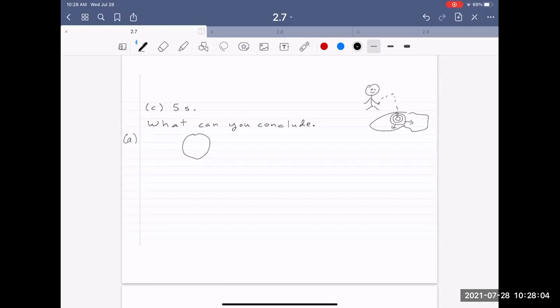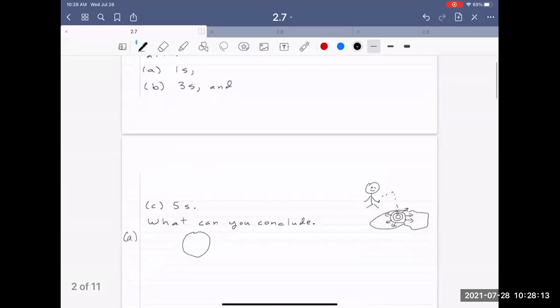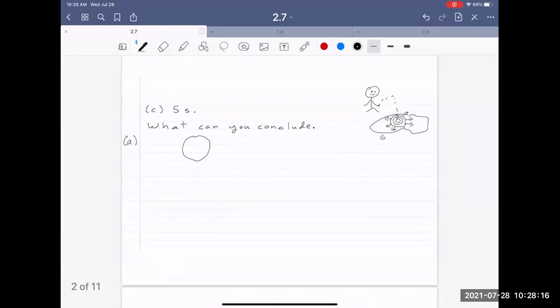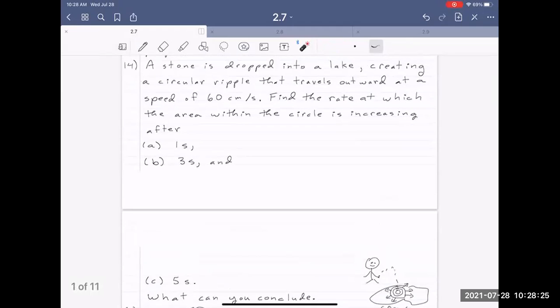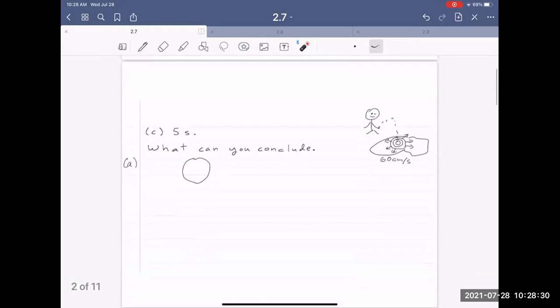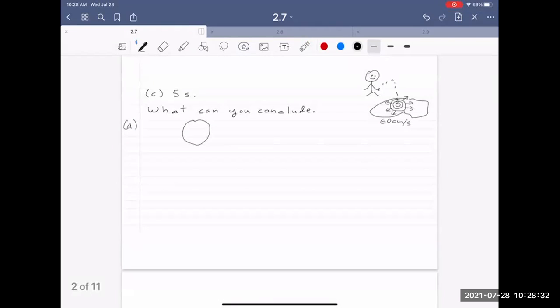This ripple here is traveling at some particular speed, 60 centimeters a second. What do I want to find? I want to find the rate at which the area is going. I want to figure out how fast this area is growing.